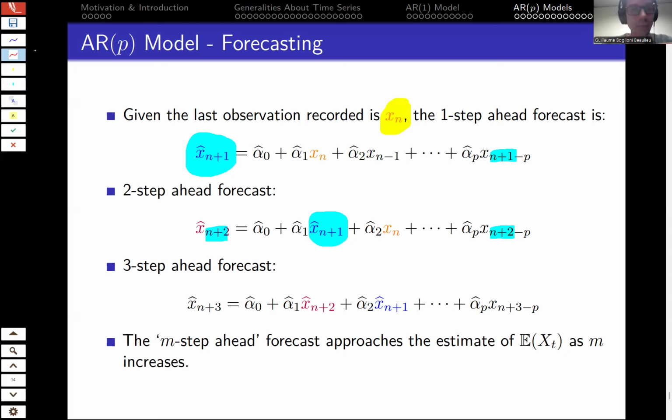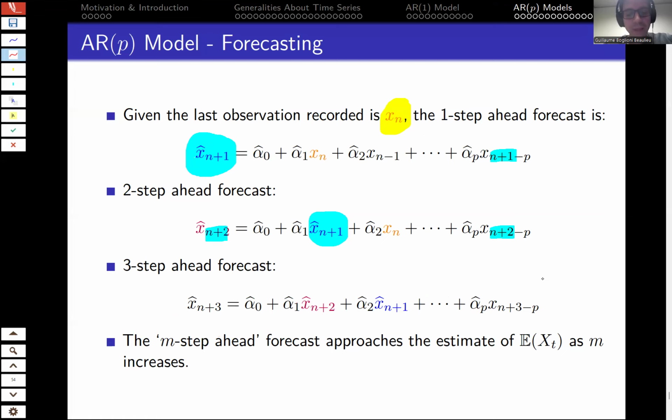Then you keep going. 2 periods in the past with respect to n plus 2 is, of course, xn. This one you have, it's an actual observation. And you keep going up to n plus 2 minus p. And then you can keep going. If you want the prediction at time n plus 3, same thing. You will need to plug in your prediction at time n plus 1, your prediction at time n plus 2, and so on.